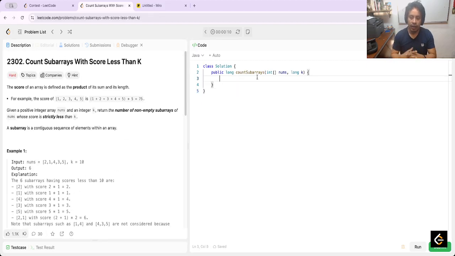Now for here, again we have the integer L that is 0, integer right is equal to 0, integer result. I am still thinking why it is long. You know what? I will save this as an integer, and in the final only parse to long. Instead it is 0 because it is only how many.